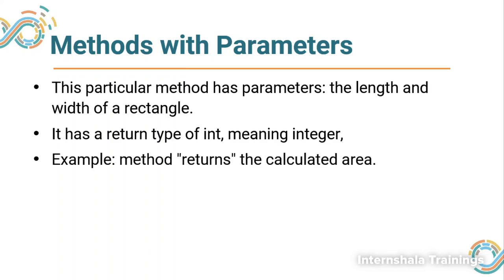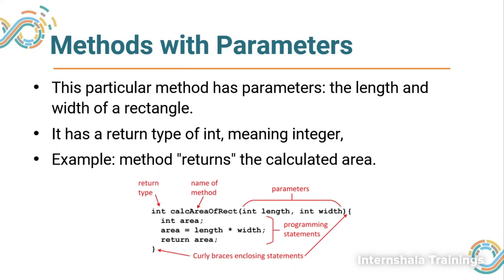So the example is this: I have a function which is calcAreaOfRect, to calculate the area of a rectangle. It is going to return an integer, and I need two input parameters. One is length, one is width. Both are integers. These can be real numbers also.